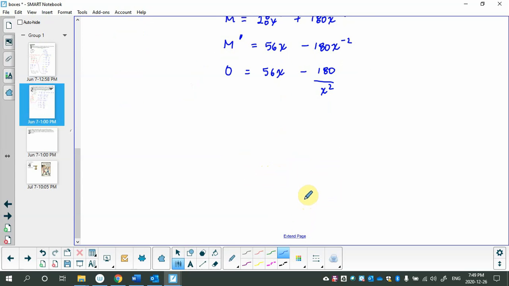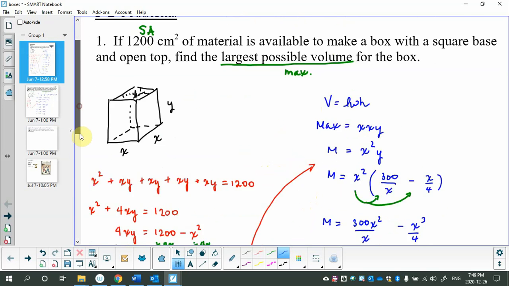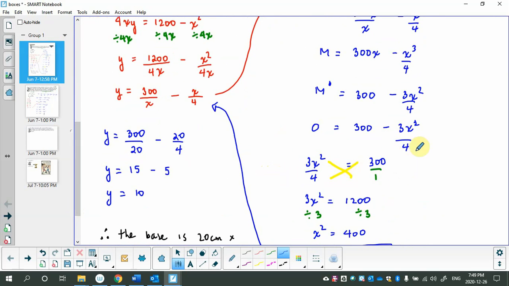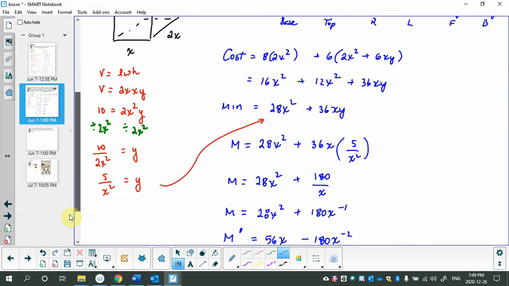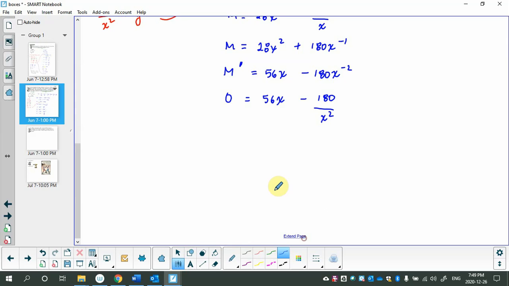And this isn't quadratic, but it's set up the same way as this one was, meaning we've got two things that could be fractions that you can situate on either side of the equal sign. So I'm going to do that. So I'm going to take the negative 180 over x squared, and I'm going to put it as a positive on the left, and then 56x over 1 on the right, and then cross multiply.